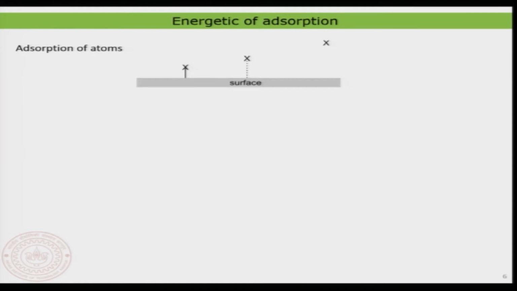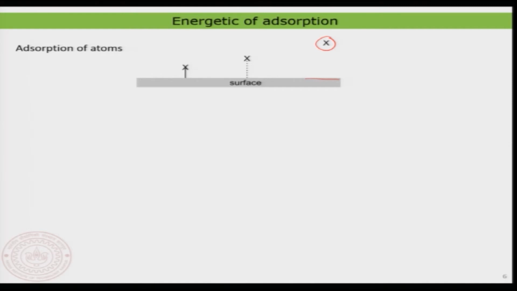To understand this, we will do a small experiment where we take an atom, namely X, it is any atom, no matter what atom you take, and you adsorb it onto a surface. Just keep in mind that this surface is atomically flat. But I am not at this moment looking at the specific sites to which the atom is adsorbing, I am only considering that the atom is approaching the surface.